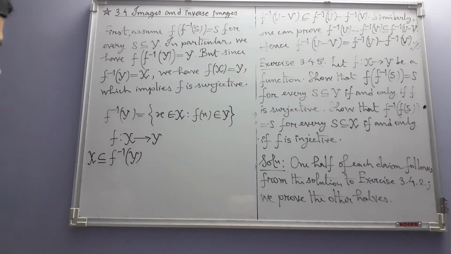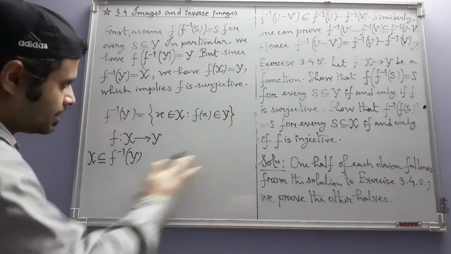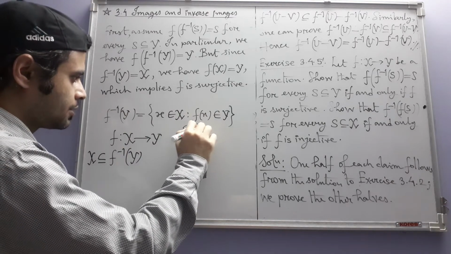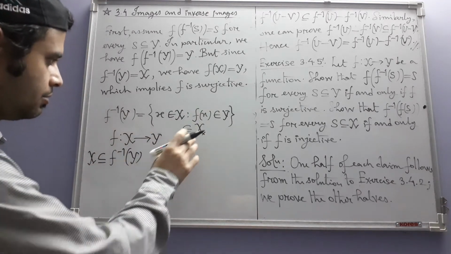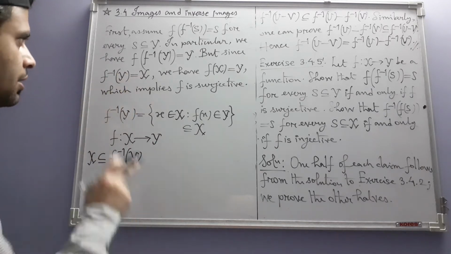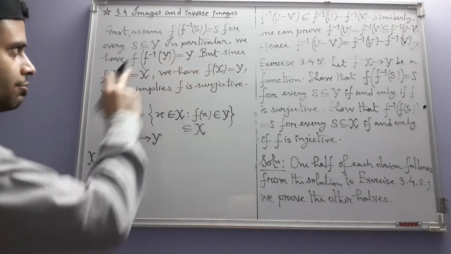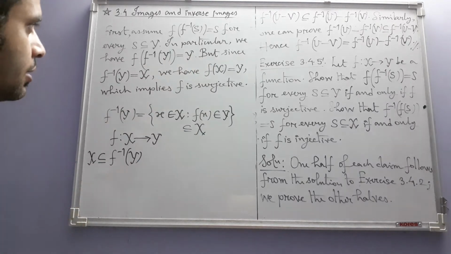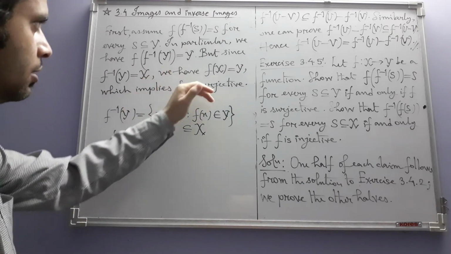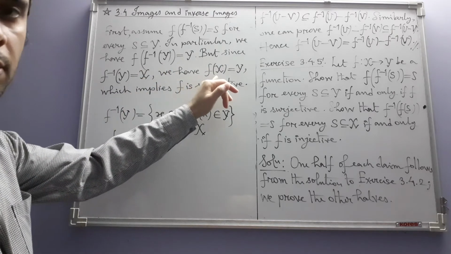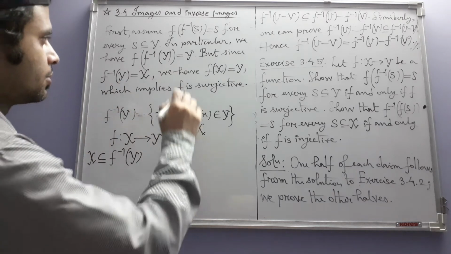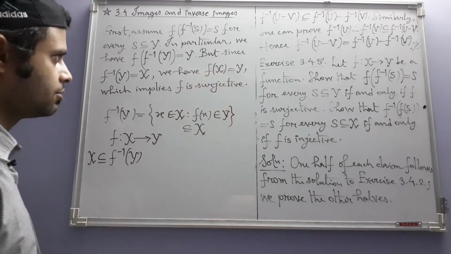Okay, but according to this definition, the inverse image is also a subset of X, and these two containments give us this equality. So we can write X in place of f inverse of Y, and keep in mind this is true for any function f. We don't need to impose any restriction on f. This is always true.